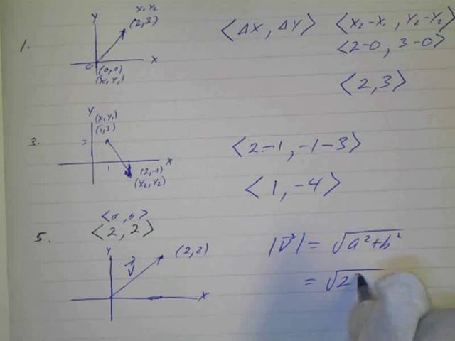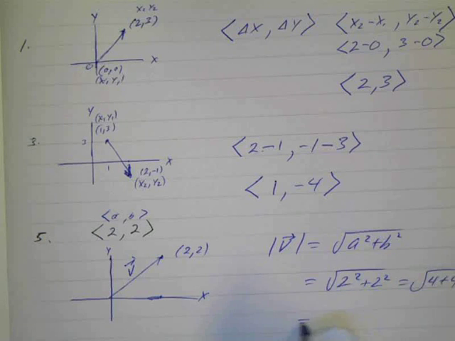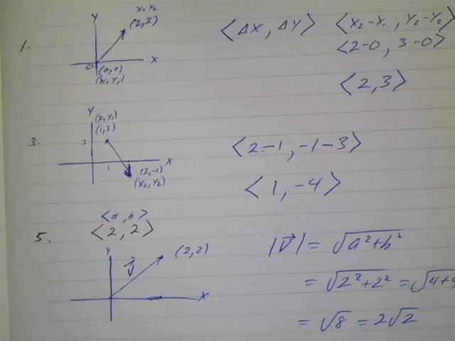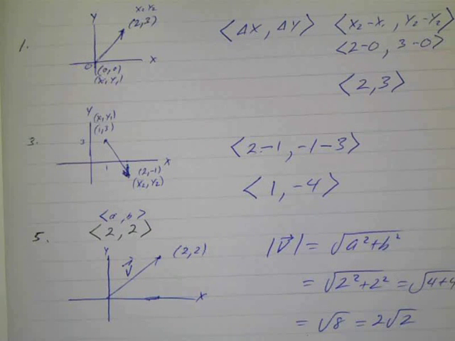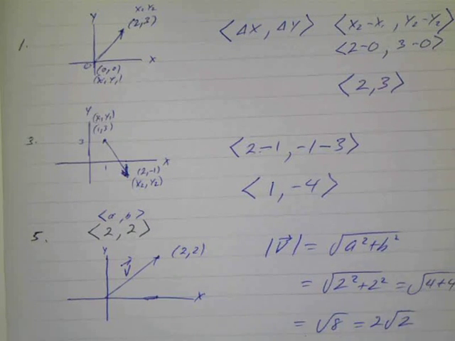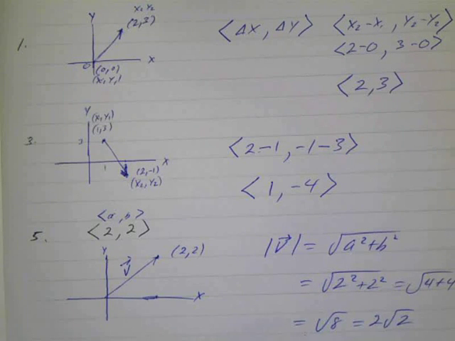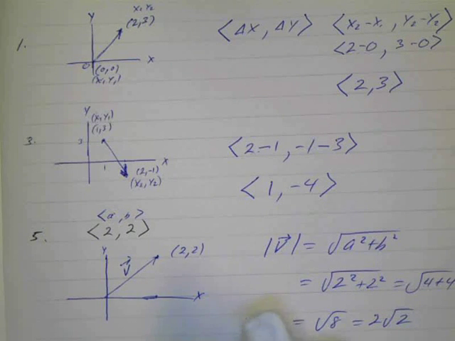So 2 squared plus 2 squared, which is the square root of 4 plus 4, which is just the square root of 8, or 2 times the square root of 2. That's going to be the magnitude of the vector, and we would notate it like that.